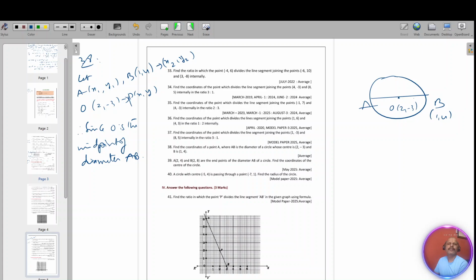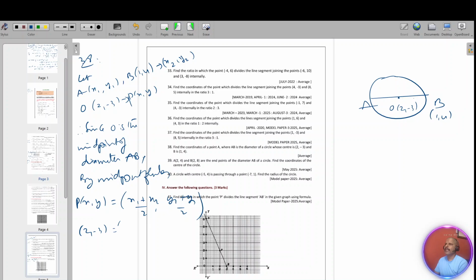By the midpoint formula, remember, P of (x, y) equals (x1 plus x2) by 2, (y1 plus y2) by 2. You have to remember formulas very well. P of (x, y) is the center, 2, minus 3.